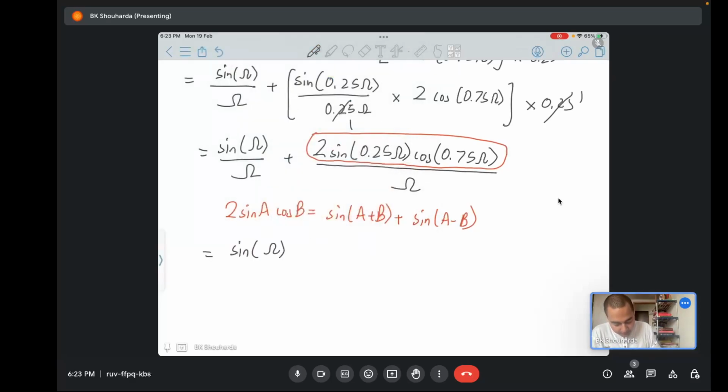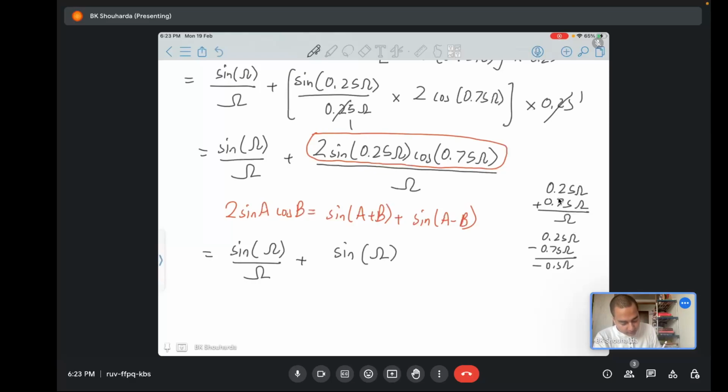Sin omega upon omega plus 2 sin a cos b, which means sin of 0.25 plus 0.75, that gives me omega, and 0.25 omega minus 0.75 omega is minus 0.5 omega.